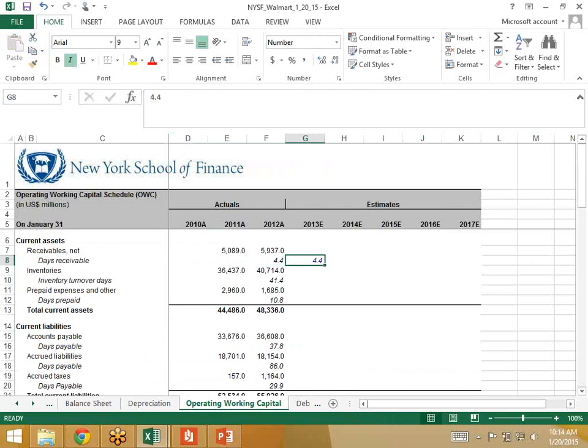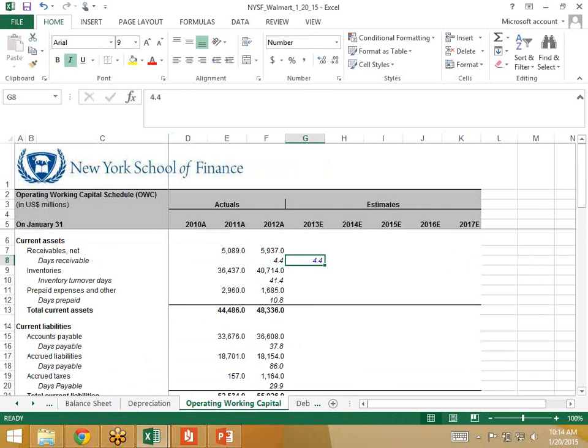And so the question is, how do we use 4.4 days to back into projected accounts receivables? Well, we're just going to kind of reverse engineer the formula, right? Where the formula is AR divided by revenue times 360 equals days. We now have days. We want to solve for AR. So if days are given, then we want to just do some algebra and reverse the formula so that AR is the output.